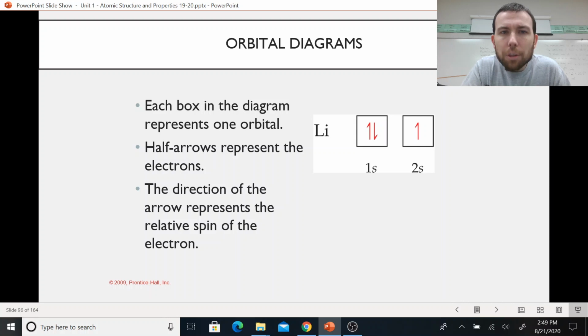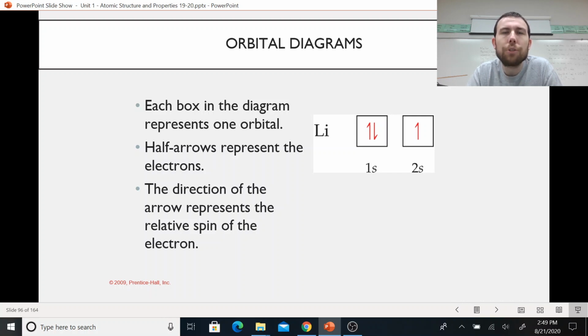Each of those boxes represents one orbital. The first box represents the 1s orbital, and the second box represents the 2s orbital for lithium. The half arrows in each of those boxes represent the electrons. So lithium contains 2 electrons in its 1s sublevel, and an additional electron in its 2s sublevel.